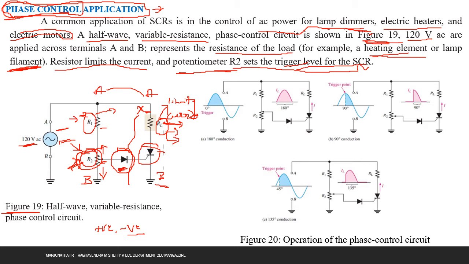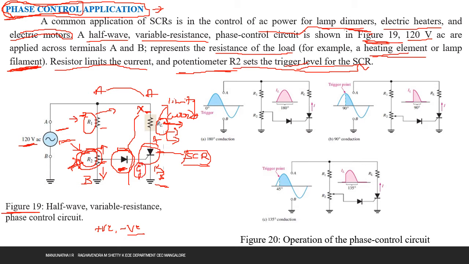As we have already discussed, we can turn on this SCR in two different ways: either by the voltage source between the anode and cathode, or the other way, by a trigger pulse at the gate.